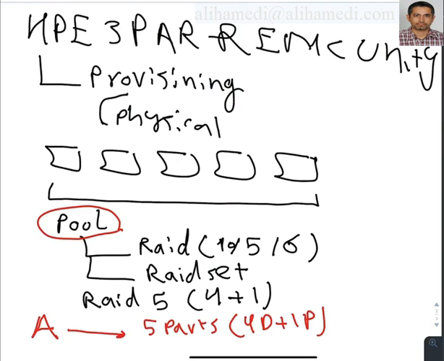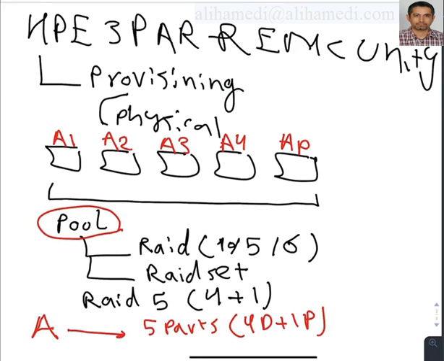So we want to see the provisioning of this pool for the data A. It will be laid out like this: A is divided into A1, A2, A3, A4, AP.